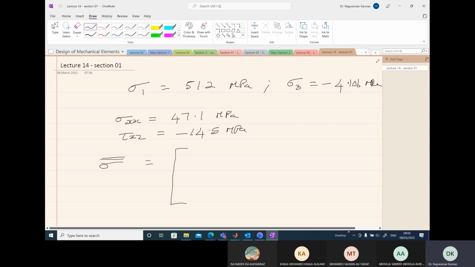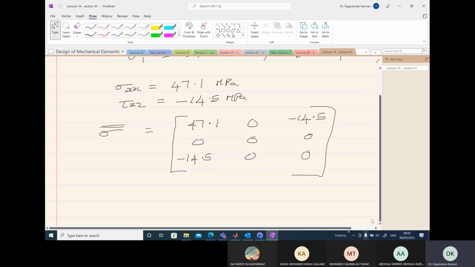So if we write the stress tensor, we are going to get sigma xx component as 47.1, xy is 0, however xz is minus 14.5. And all the other components are 0. So when you write it in 3D, this is the stress tensor. Even though it is a 2D problem, this is the actual 3D stress tensor.